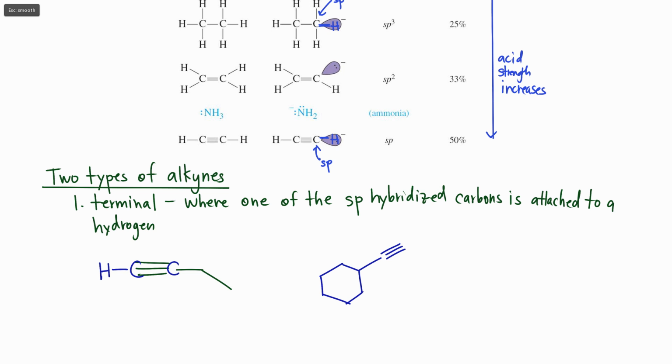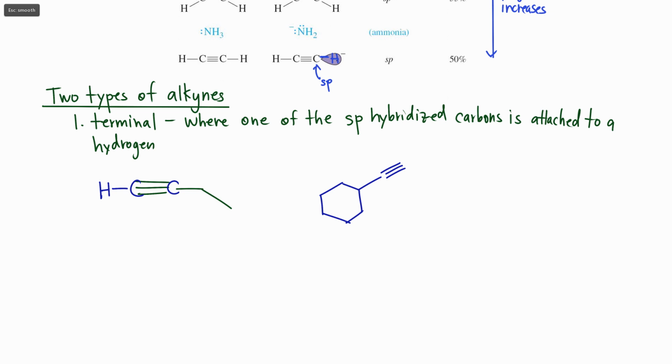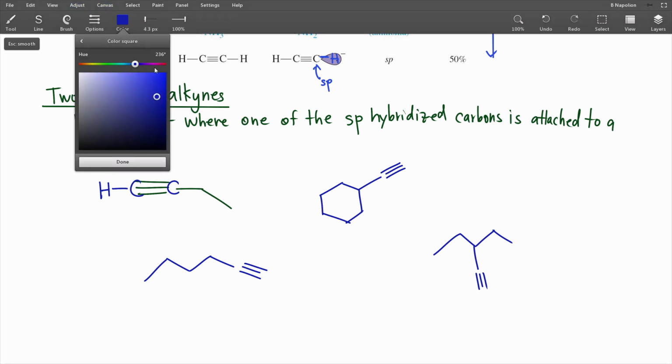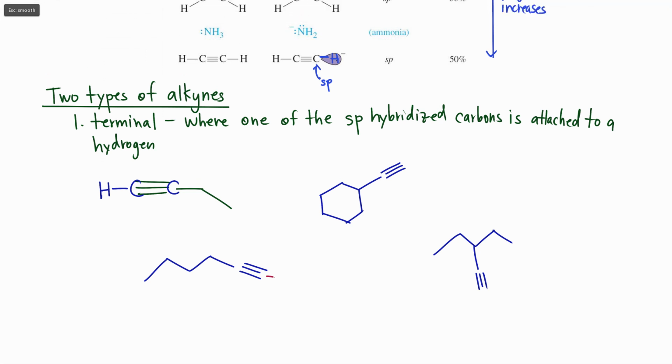Okay, let's look at another one. That's a terminal alkyne. That is a terminal alkyne. It's terminal alkyne in the sense that all of these have an H.